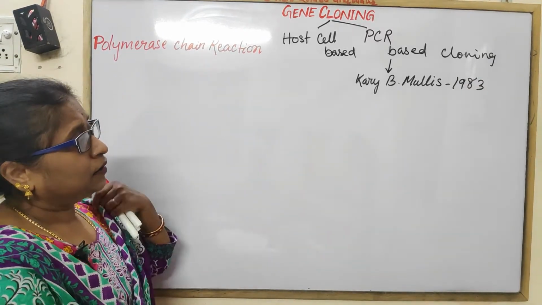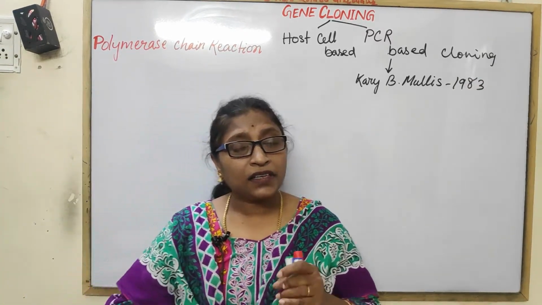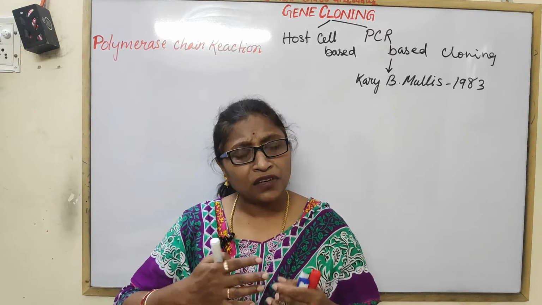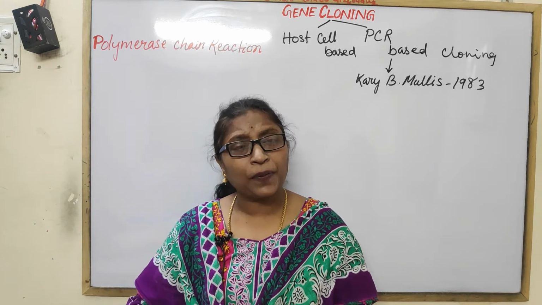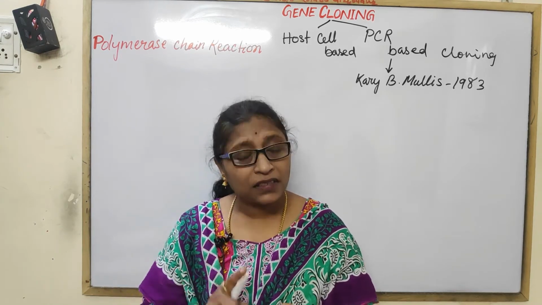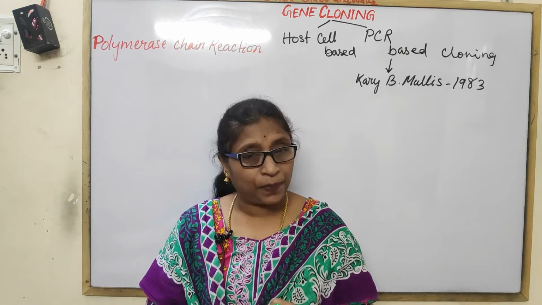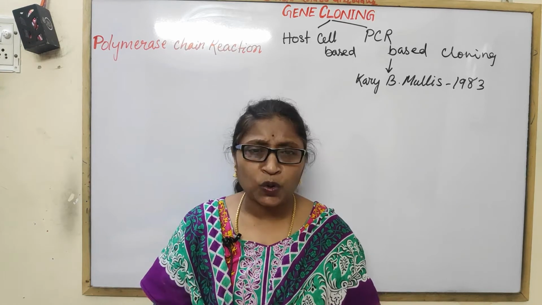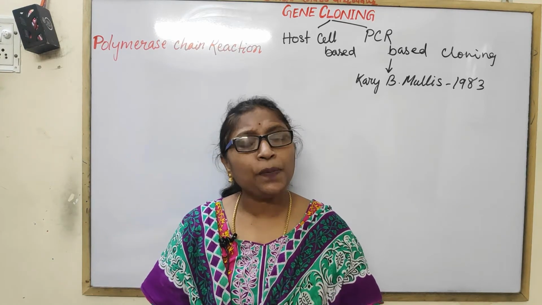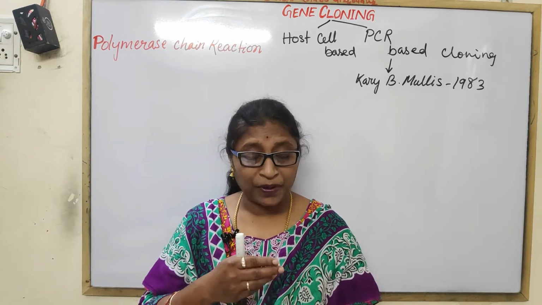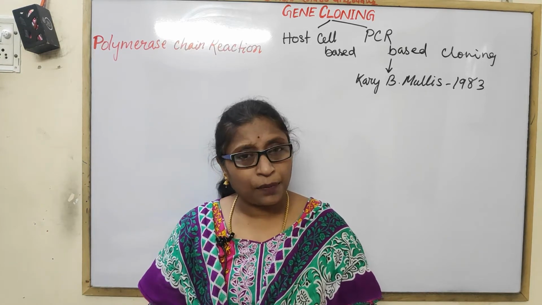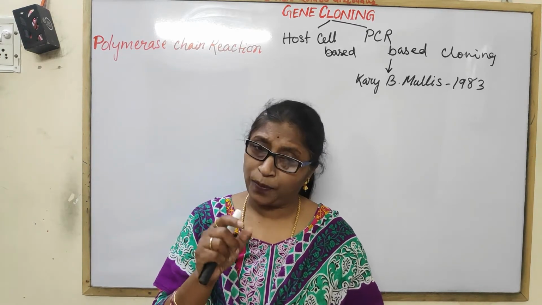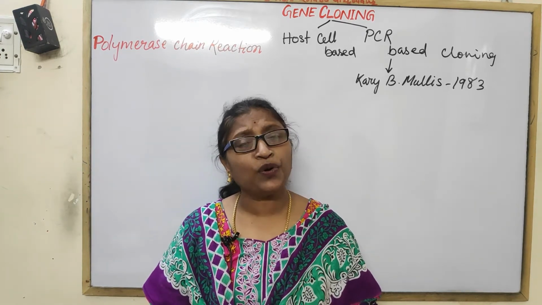Cloning means making a large number of identical copies of a particular gene, of course the desired or beneficial gene. The production of a number of identical copies of a desired or beneficial gene is called gene cloning.